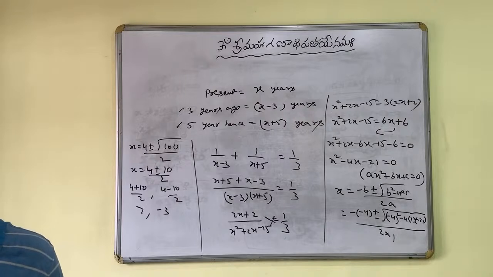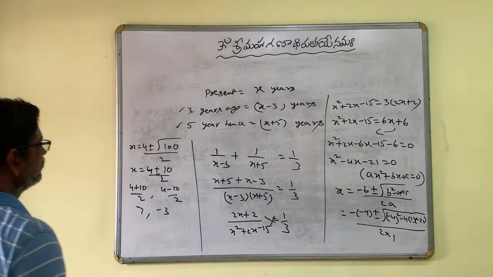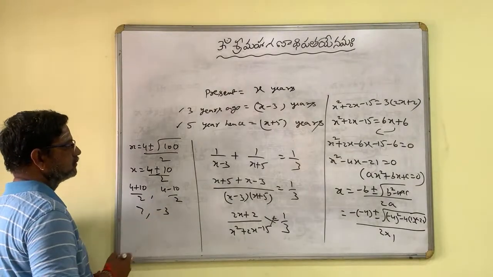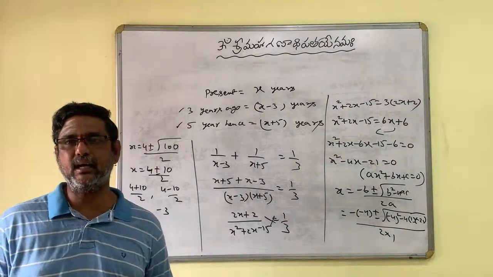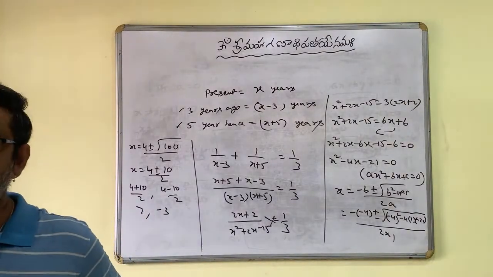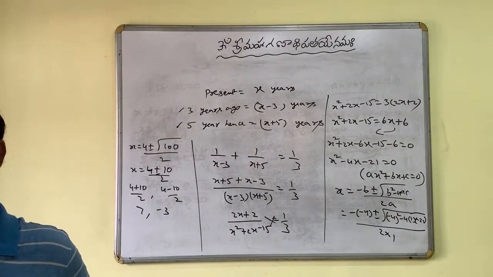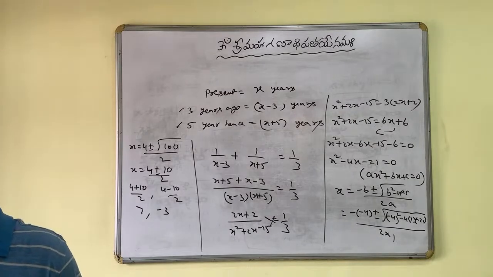So the present age of Rahman is 7 years. 3 years ago it is 7 minus 3, 4 years. And 5 years from now is 7 plus 5, 12 years.